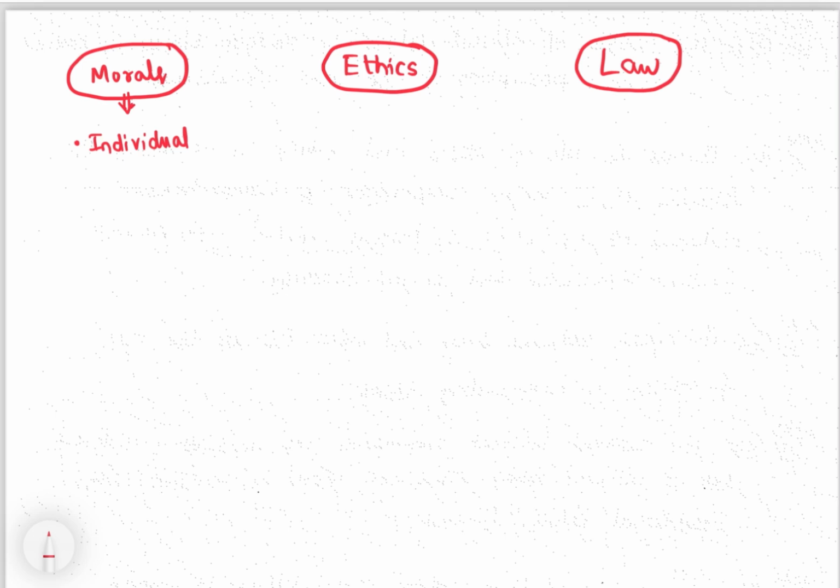So morals is what? Individual centric. Individual centric means morals is like the set of principles which an individual thinks is right or wrong, or set of principles which help an individual in deciding what is right or wrong as per him.